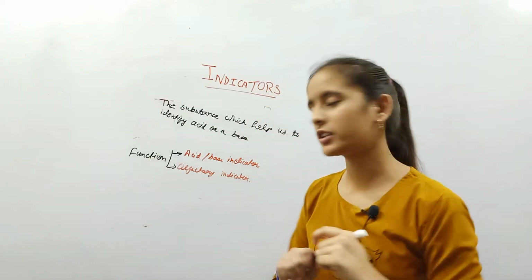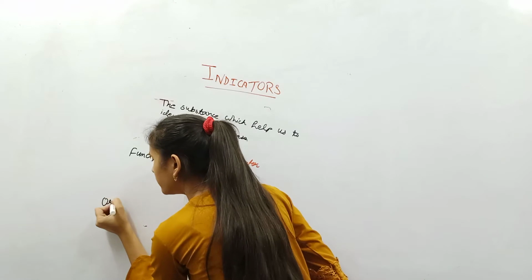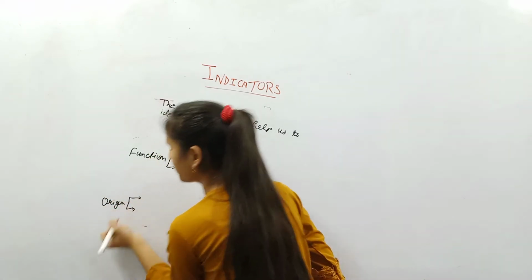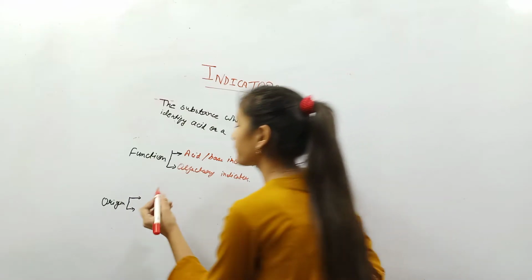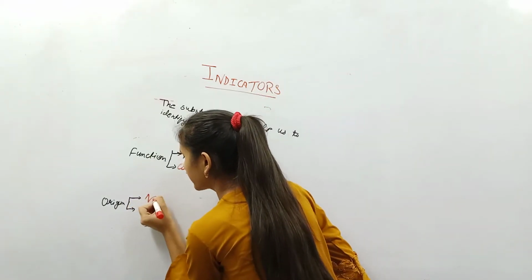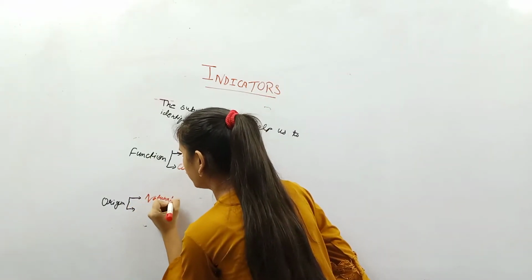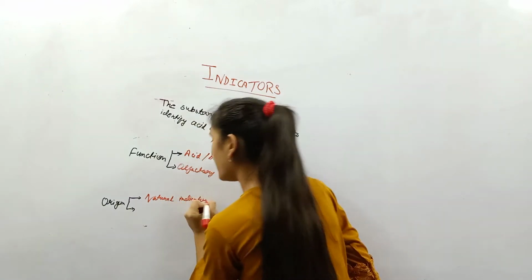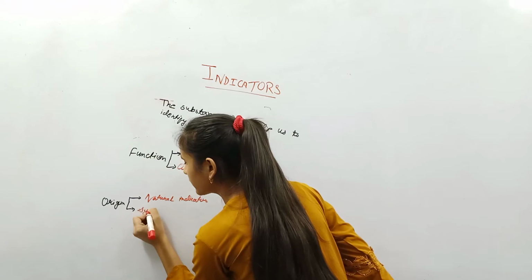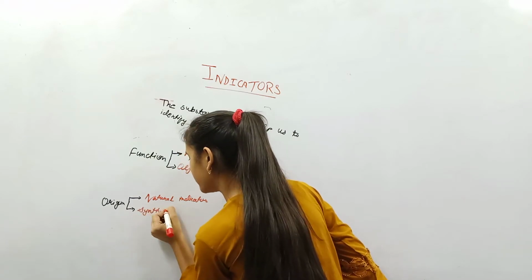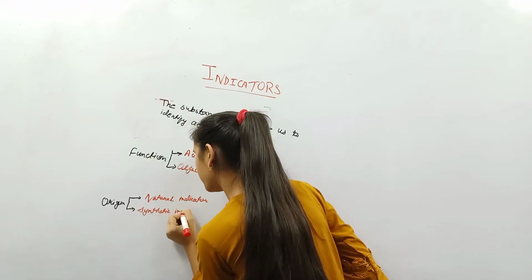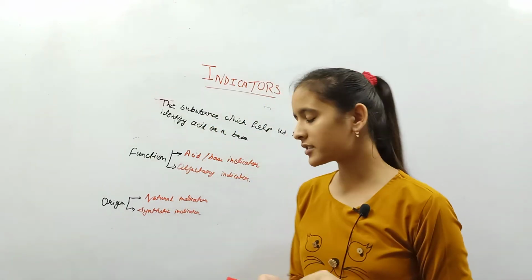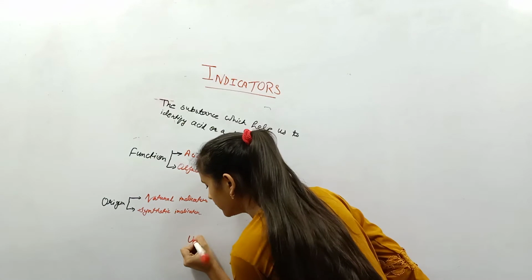Then on the basis of origin there are two types: natural indicators and synthetic indicators. And one more indicator is there, called the universal indicator.